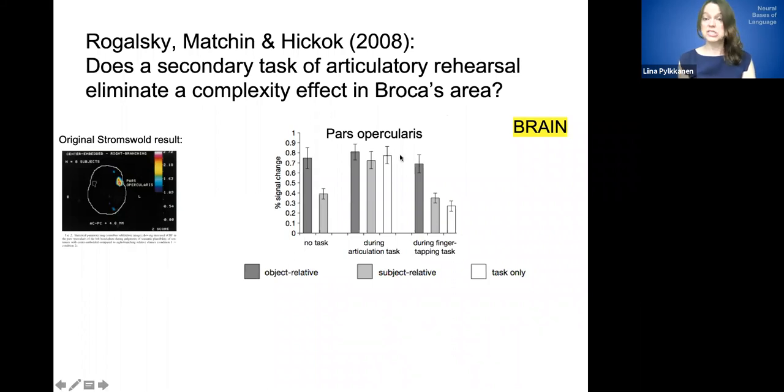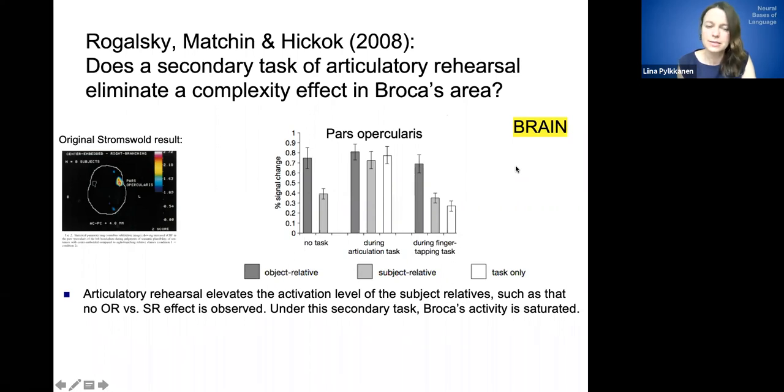And it's the same amount that you get when you're just doing the bada, gada, bada, gada task. So what this shows us is that just having that articulation task by itself will give us just as much Broca's area activation as object relatives.